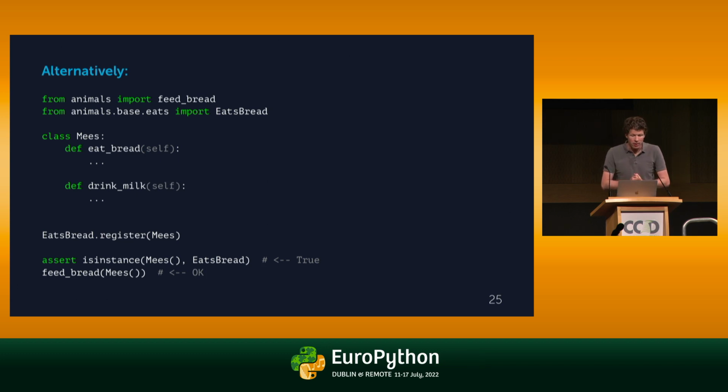So in this case, an instance of Mace still is an instance of eats bread, although it didn't inherit any functionality that I may have defined in eats bread. In this case, of course, I didn't define any functionality in the eats bread base class. I only defined an abstract method without any implementation.